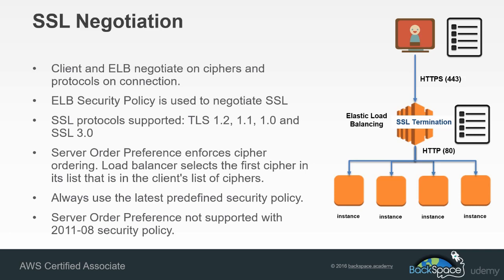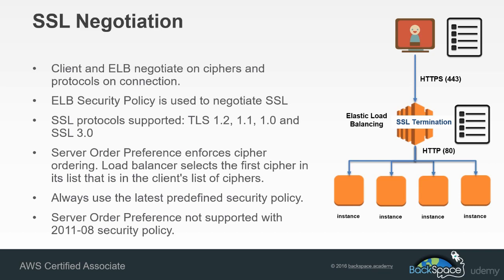So the load balancer will select the highest cipher on its order of preference list that is on the client's list. And that's what we mean by server order preference. The ciphers are ordered on its list in order of preference, and it will select the highest preference cipher on its list that is also on the client's list. And it might be on the bottom of the client's list, but it doesn't matter. That's what it will select.